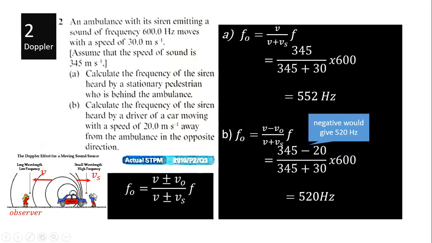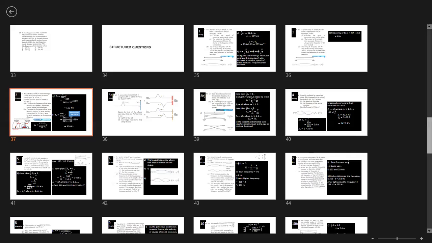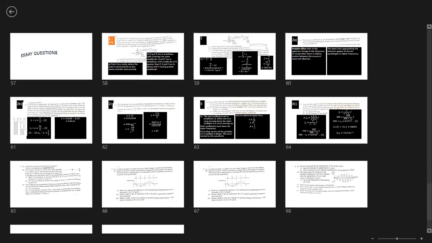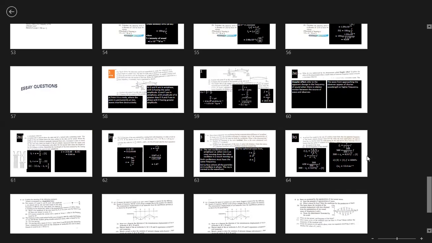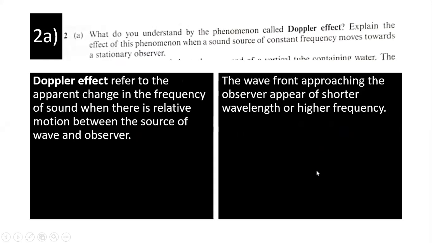Like here, that's the observer. That's the wavefront moving to the observer. So he hears shorter wavelength, so higher frequency. You can memorize the picture in your head, then it's easier. Wavefront approaching the observer appears of shorter wavelength or higher frequency. Okay with that?